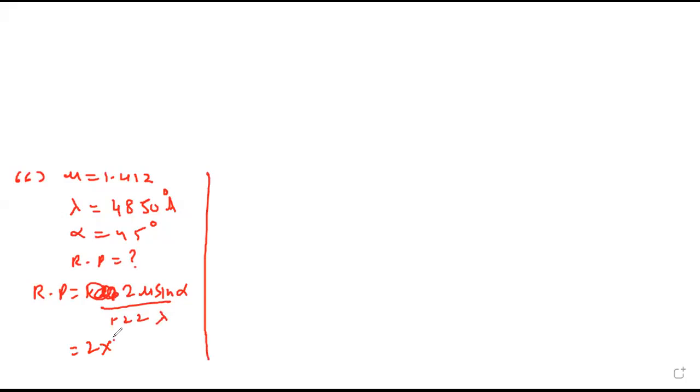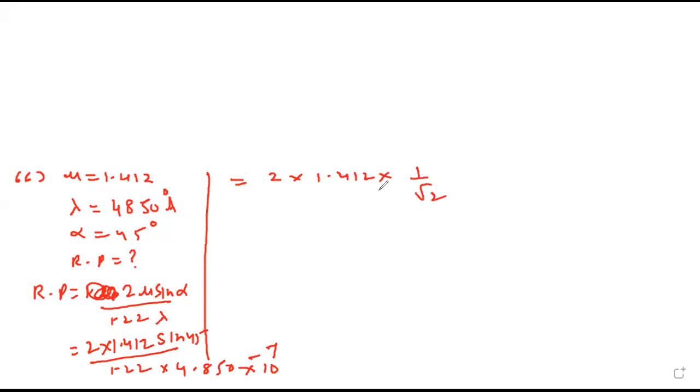That is 2 into 1.412 into sine 45 upon 1.22 into lambda, where lambda is 4.850 into 10 raised to minus 7. So this is 2 into 1.412 into 1 upon root 2 divided by 1.22 into 4.850 into 10 raised to minus 7.